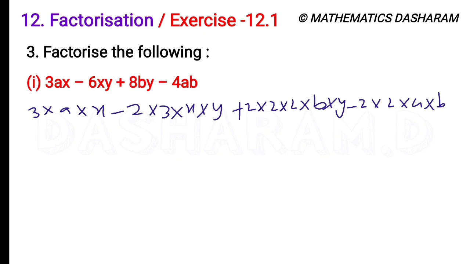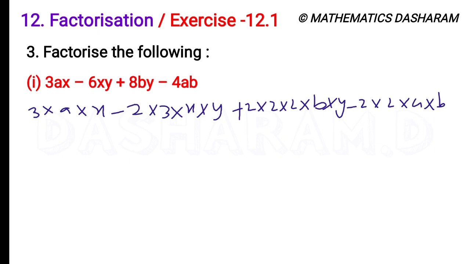It is equal to, see here, is there any possibility to take a common from all 4 terms? Observe it carefully. First observe the numbers. Okay, here 3 but not available elsewhere. Next variables, x, here x but not there. Next a, here a but not in others.